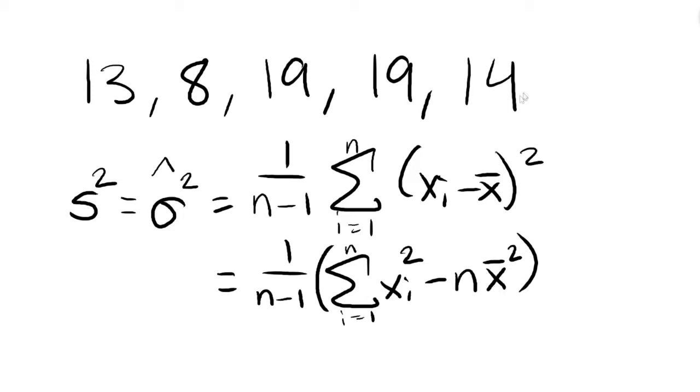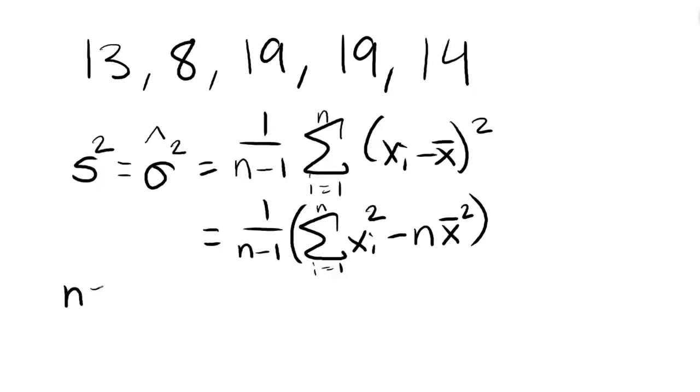So if we calculate this example, I will use this formula. We need to know what our n is, and that is the number of numbers, that is 5. We need to know the sum of xi squared, and the x bar.